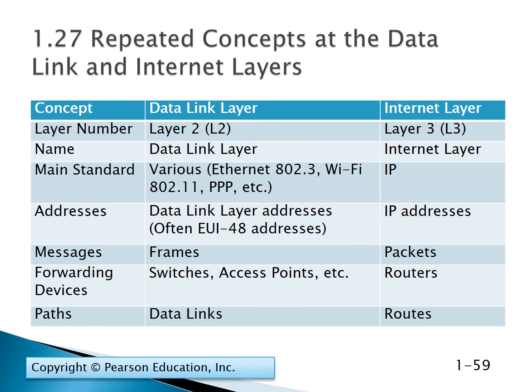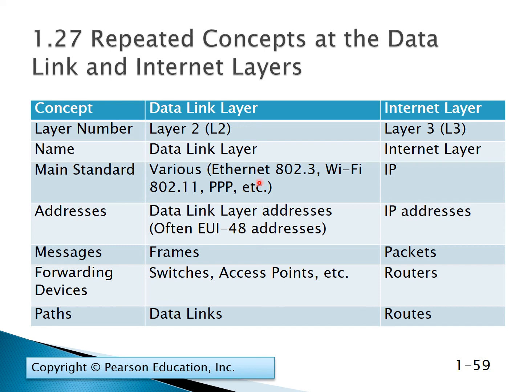So here are some of the repeated concepts at the data link and the internet layers. Just a table to summarize this. At the data link layer, we usually call it layer 2, and the internet layer is layer 3. There are many different standards at the data link layer because you can have different types of single networks. They can be wired or wireless.